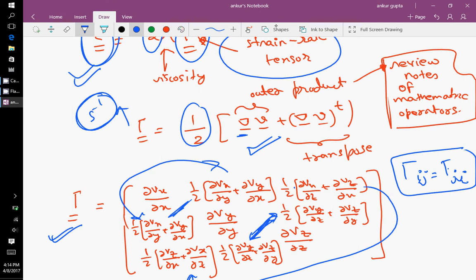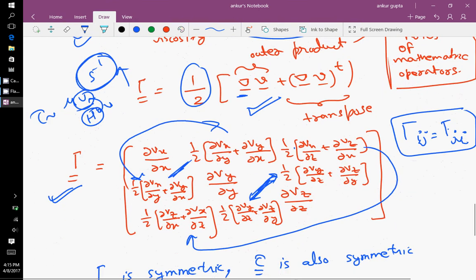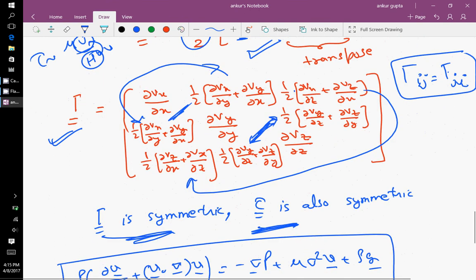So when we say stress scales as mu u by h, where u is the velocity and h is the height, this u by h is basically the strain rate, with units of second inverse. That is what this whole expression is, but this is in 3 dimensions and in terms of partial derivatives, and it is symmetric, which makes tau symmetric.